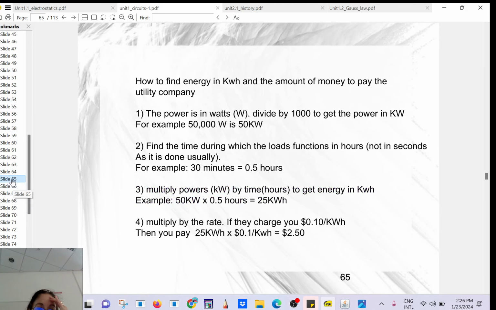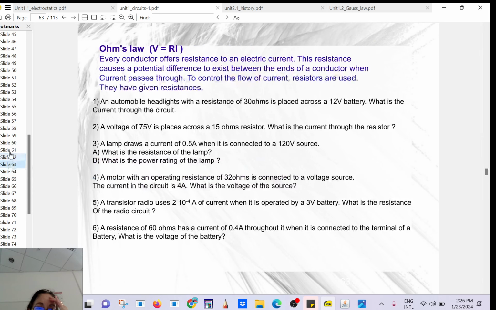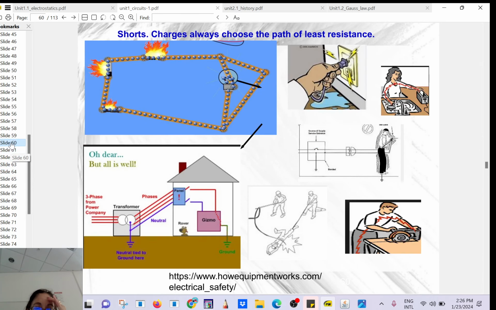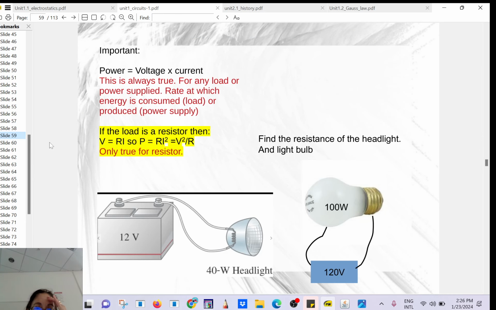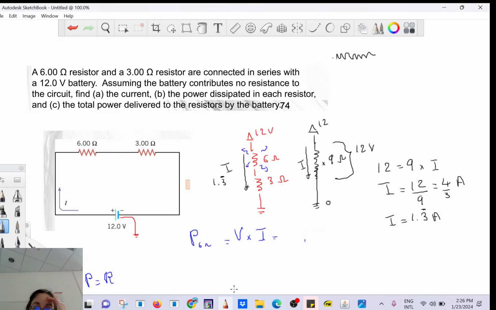Ri square, right? And I said r square I before. Did I say r square I? Oh, yeah, Ri square. Okay, Ri square. But everything I told you is still true. The square should be on the I and not on the R. Or you can do V square over R.